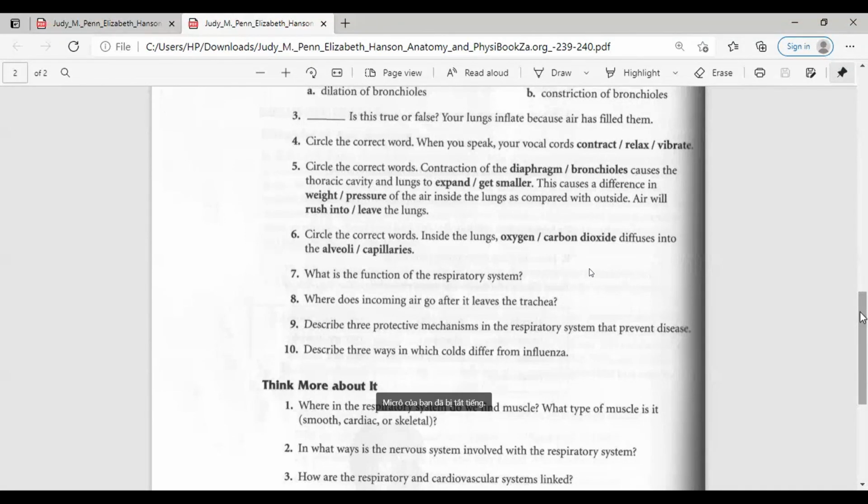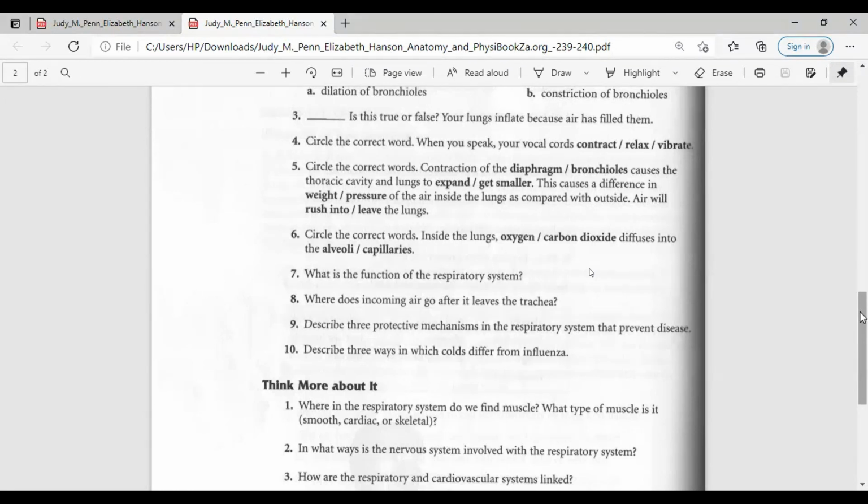No, after it leaves. When you breathe, air will go through your nose, down to your pharynx, and down to the trachea, right? So where does air go after it leaves the trachea? They will go to the bronchi.